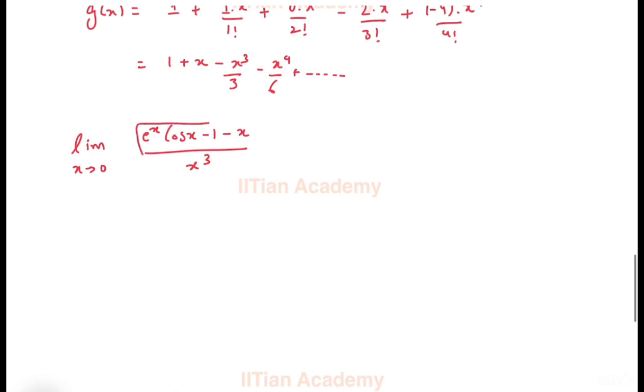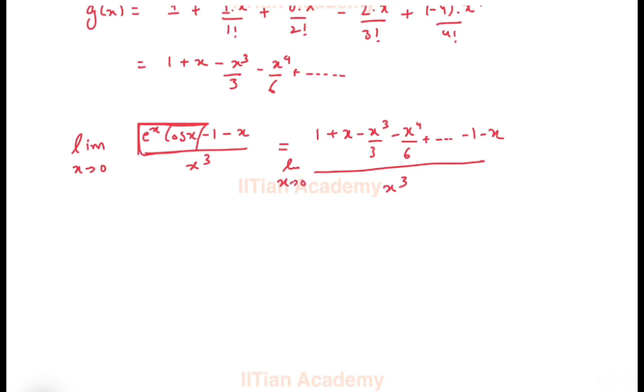So that would be 1 plus x minus x cube by 3 minus x to the power 4 by 6 and so on, minus 1 minus x, divided by x cube, and limit x tending to 0. We can see these two terms are cancelled. The remaining terms have power x cube, so this would be minus 1 by 3 and minus x by 6, limit x tending to 0. Since x is a very small number, it will be almost equal to 0. Our limit is minus 1 by 3.